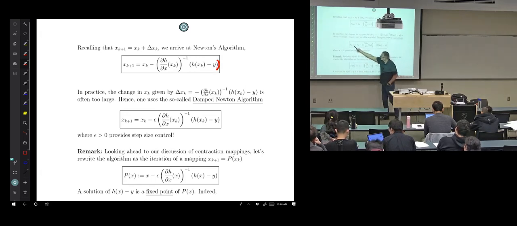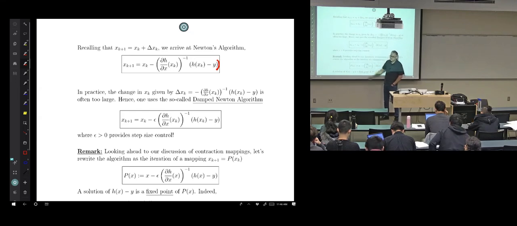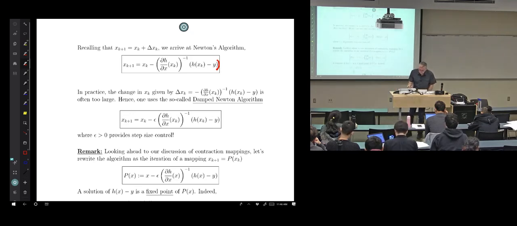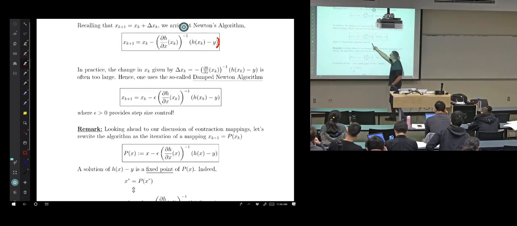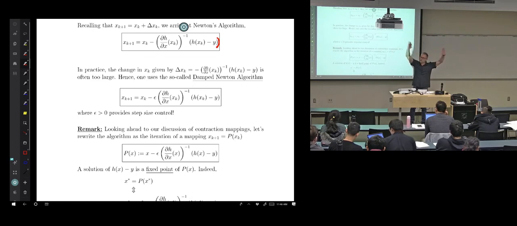And if you notice, this looks a lot like an Euler integration of a differential equation. This is delta t, okay? This is f of x. When I teach the nonlinear control, I do the differential equation, you get Newton's flow, and then you can start proving global and semi-global properties of this algorithm, okay?